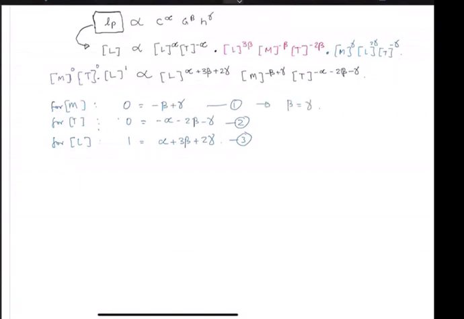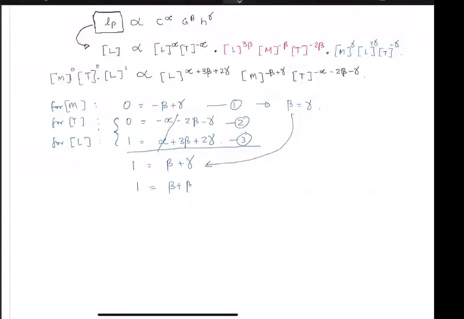Then I can take these two equations and I can solve them. This goes away. What am I left with? 1 equals alpha plus beta plus gamma. So that means I can plug this one in here. 1 equals beta plus beta, right?